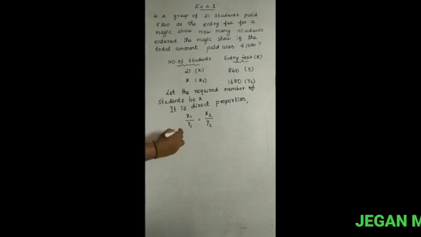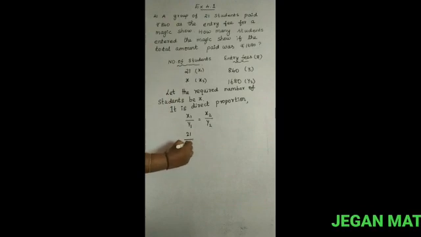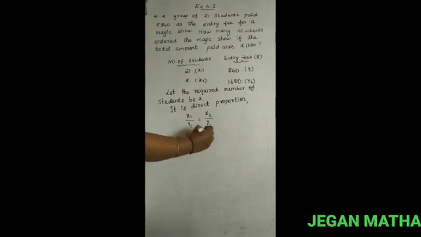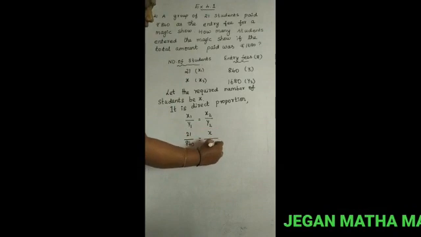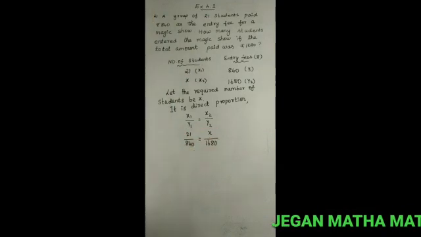Here x1 is 21, x2 we consider x, then entry fees 840 we consider y1, then 1680 we consider y2. So substitute the values here. x1 is 21 divided by y1 840 is equal to x2 is x divided by y2 is 1680.